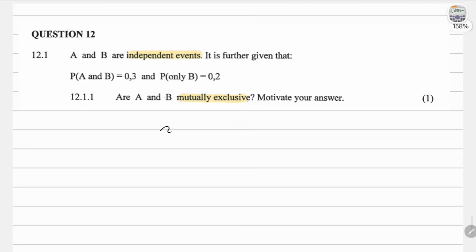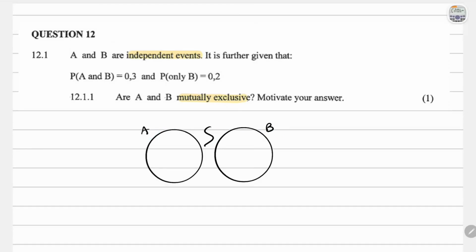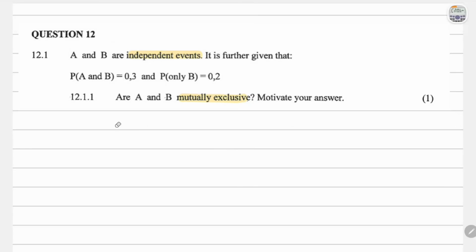So the thing with mutually exclusive events, they are events that do not intersect. And so because they do not intersect, meaning where we have probability of A and B, this should be equal to 0. But from the information they've provided, you can see that probability of A and B is 0.3, so there is an intersection.